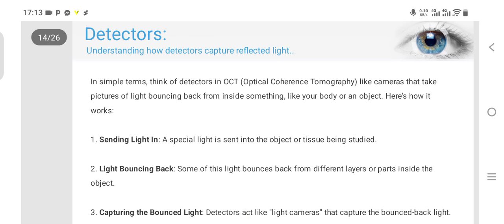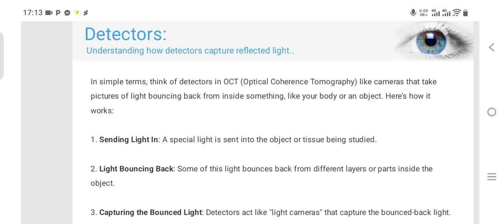Then we talk about understanding how detectors capture reflected light. In simple terms, think of detectors in OCT like cameras that take pictures of light bouncing back from inside something, like your body or an object. Here is how it works. A special light is sent into the object or tissue being studied.